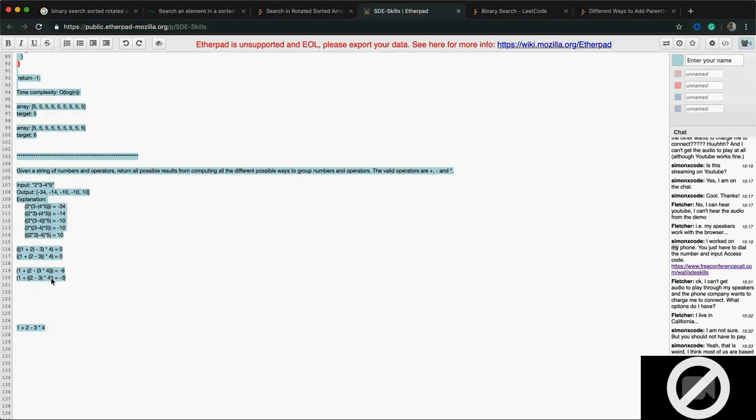Correct? Yeah. And so what we can do, we can take the string, and in a for loop we can start iterating on the string.